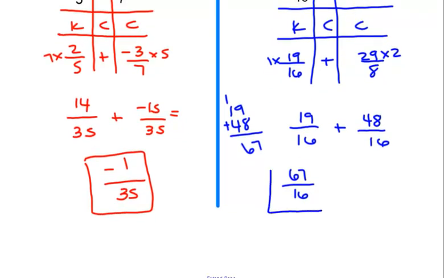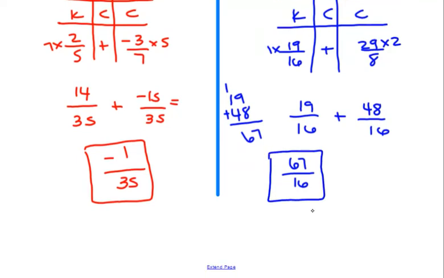And that's as simplified as we're going to go, but we should make it a mixed number. So let's see, 16 times 4. Okay, so that's 64, so it's going to be 4, and we'll have 3 left over 16.